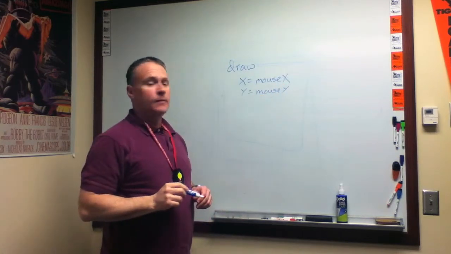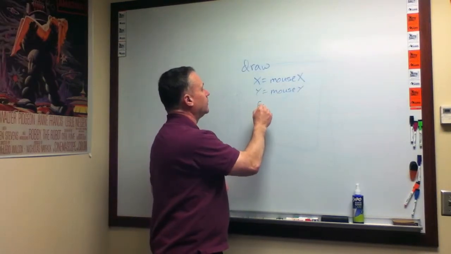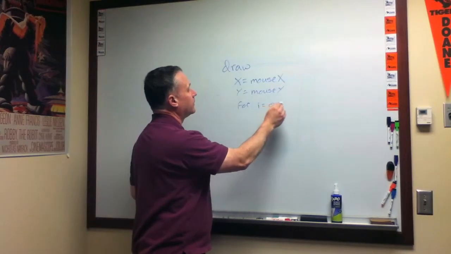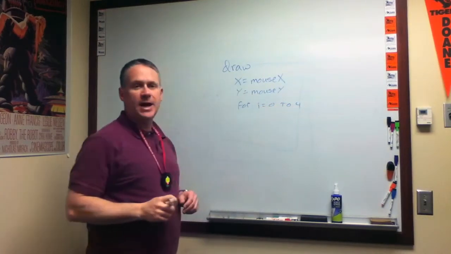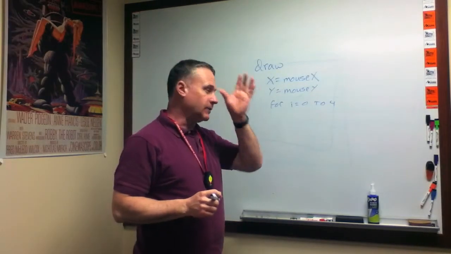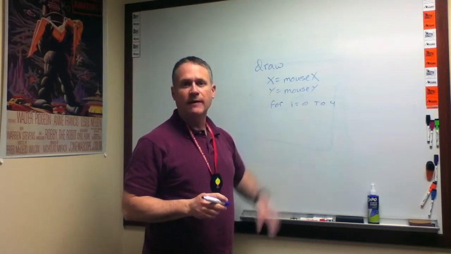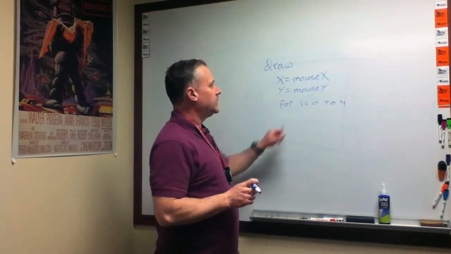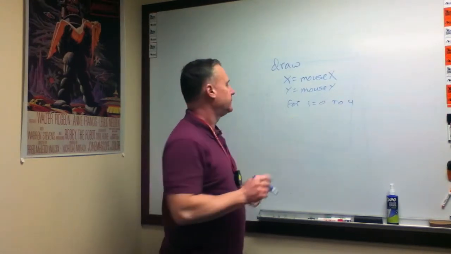But now what we'll do is have a for loop. We'll say for i goes from 0 to 4, and obviously when we do the actual development we'll have the correct syntax there, but this means we're going to repeat this 5 times.